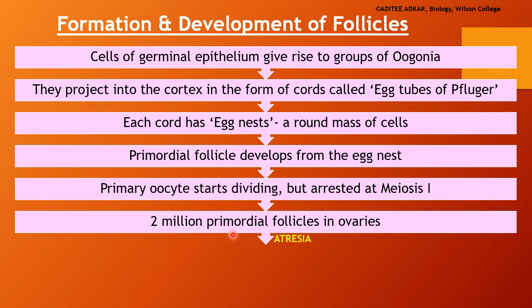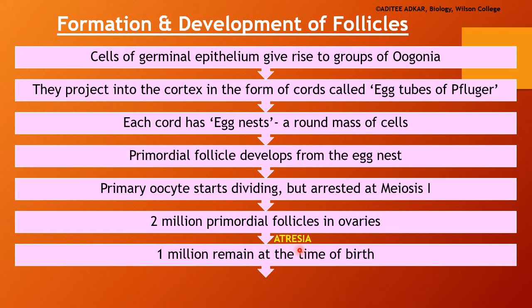Out of the 2 million primordial follicles, nearly half of the follicles undergo atresia. Atresia means a large-scale destruction of follicles takes place. And at the time of the birth of the female baby, only 1 million primordial follicles remain in the ovaries.